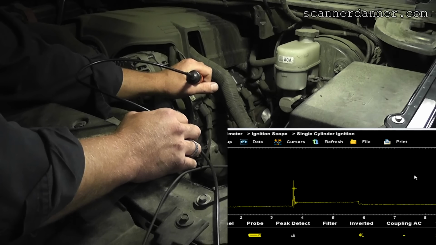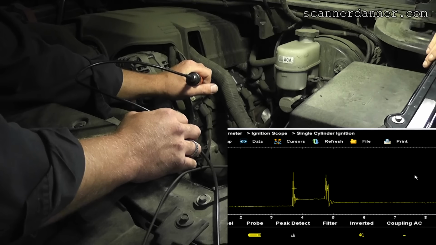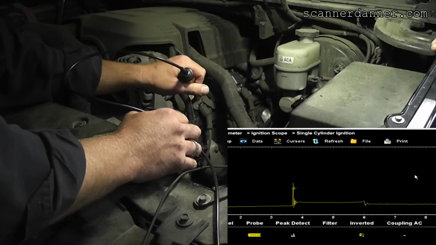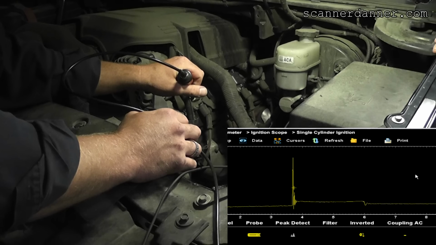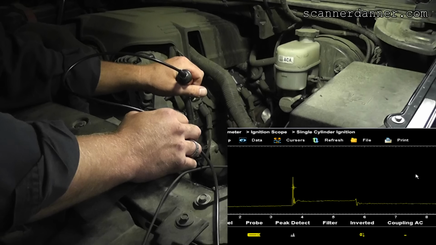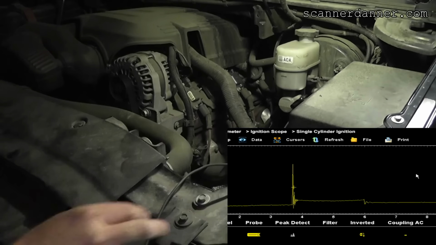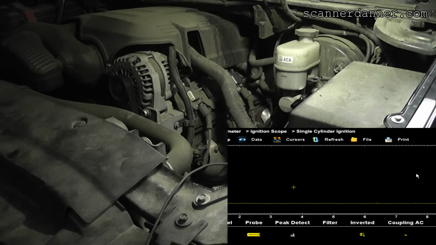There. All right, so same crappy waveform. Now I'm on the number 1. I can feel the miss. Looks pretty good, doesn't it? So now you know what a cracked porcelain looks like on a spark plug.